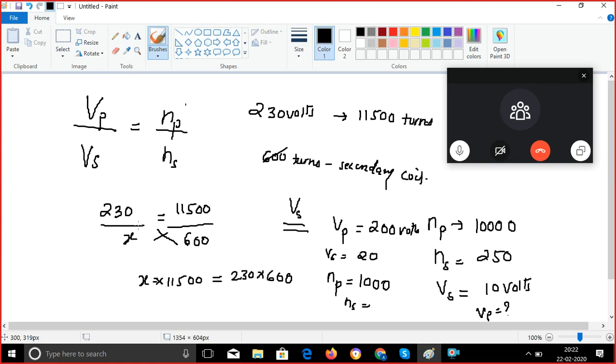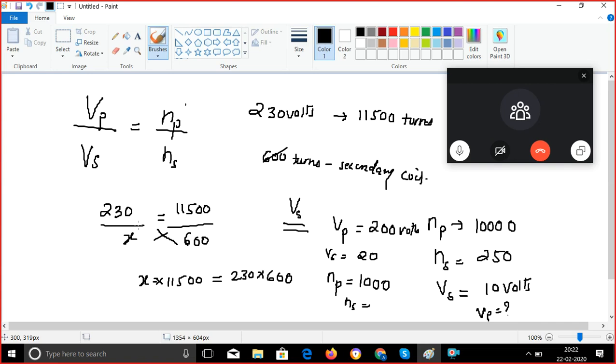So we get 200X equals 2000. You can do it in both ways. Then we divide both sides by 200, and we get X is 10.